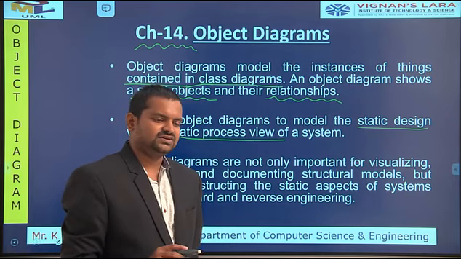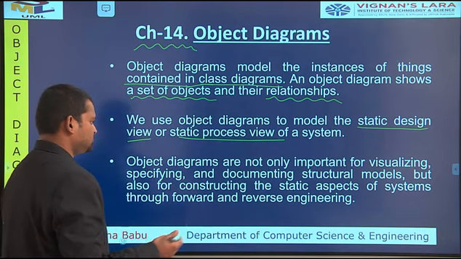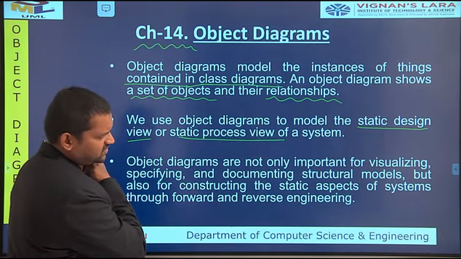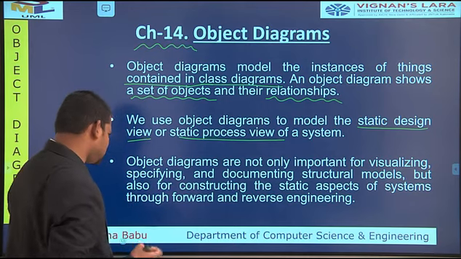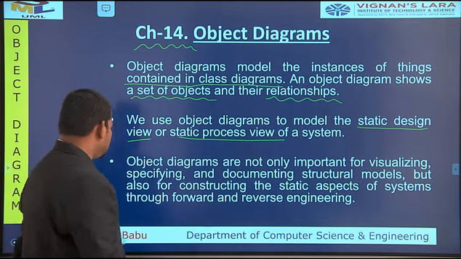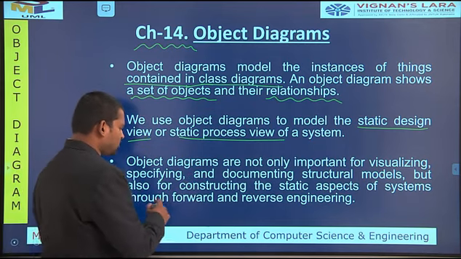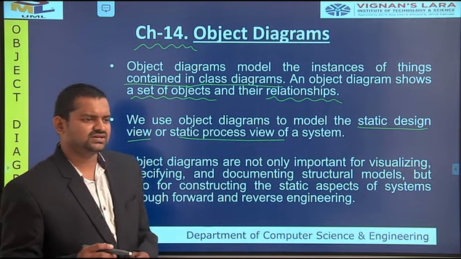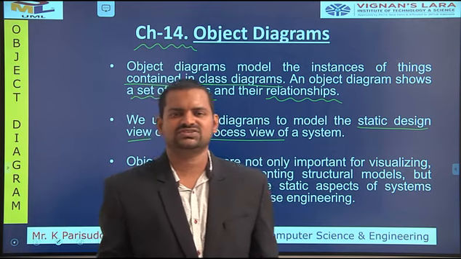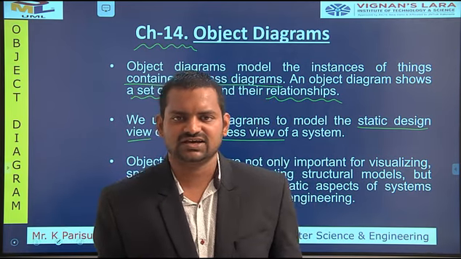This is similar to the class diagram, so we have to see how it is similar. Object diagrams are important not only for visualizing, constructing, specifying, and documenting structural models, but also for the static aspects of systems through forward and reverse engineering. How do we give the representation of forward and reverse engineering with the help of an object diagram?